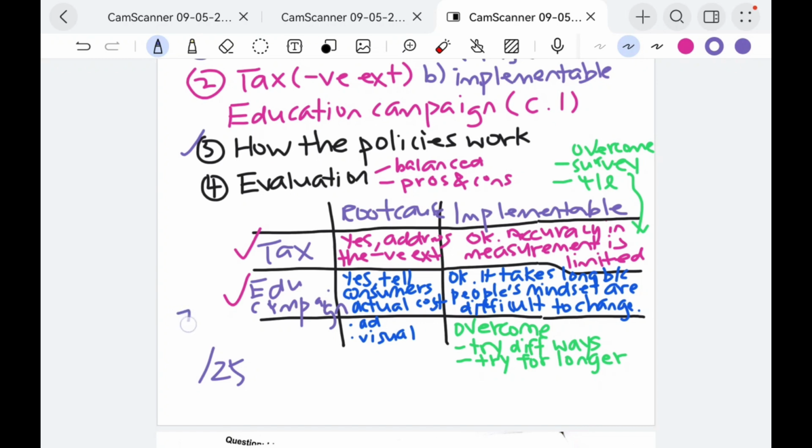A is 70%, right? So 70% out of 100. Then you divide by 4. So if you divide by 4, you should get at least an 18 mark. If you get 18 over 25, it is an A.